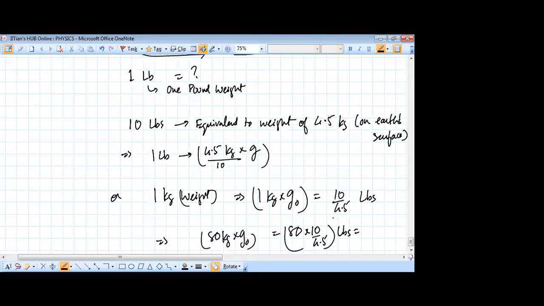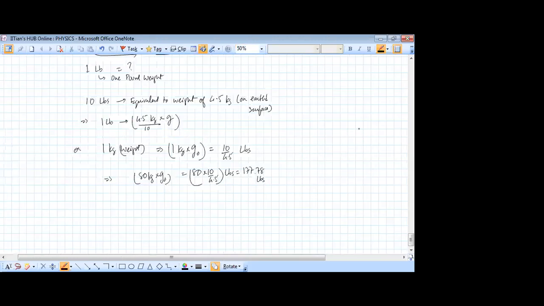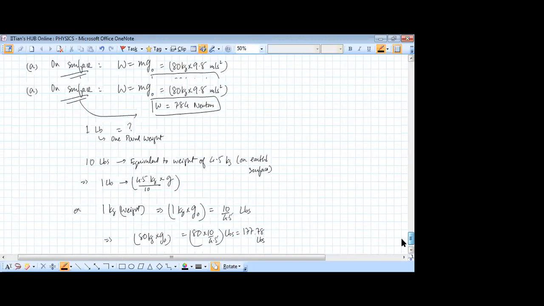So that will be approximately 177.78 pounds.